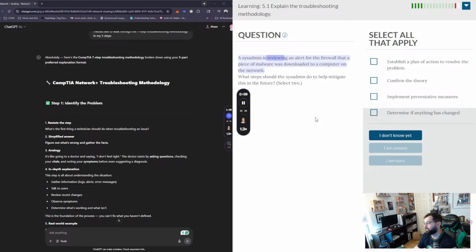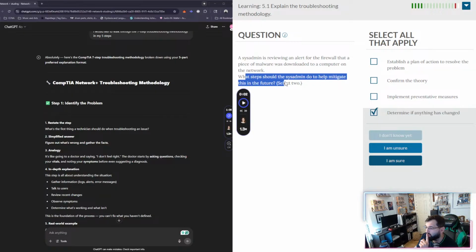A sysadmin is reviewing an alert for the firewall that a piece of malware was downloaded to a computer on the network. What steps should the sysadmin do to help mitigate this in the future? Okay, we're trying Select 2. We're trying to mitigate in the future. Okay, this I remember.